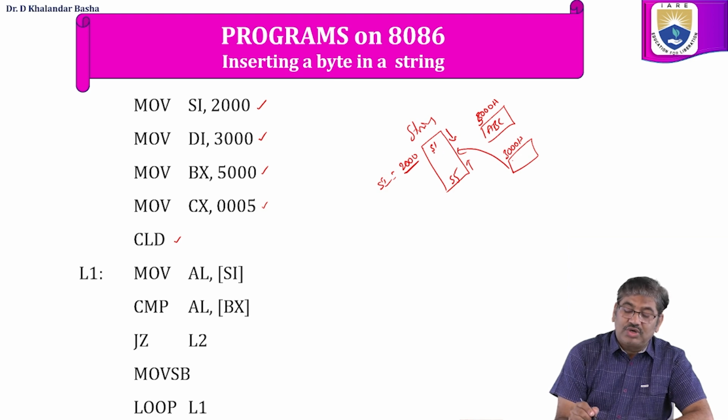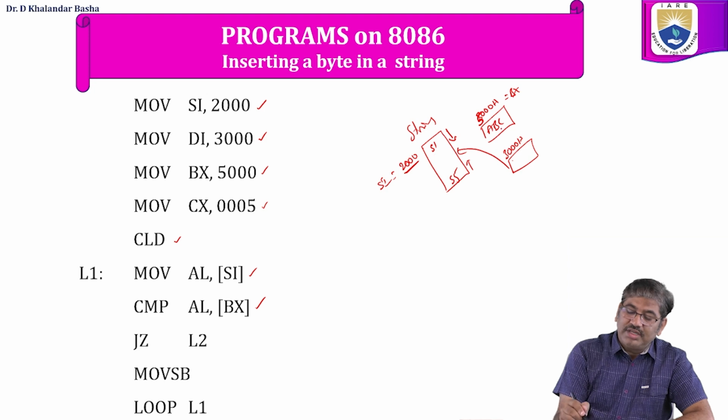The data which we want to compare, first the string data we are going to load into the AL register. The string which you have at the 5000H location will be loaded and compared with the AL register. If these two data are equal, then we are going to insert the data.